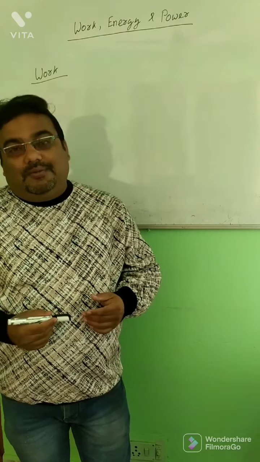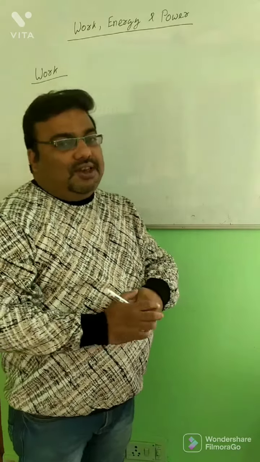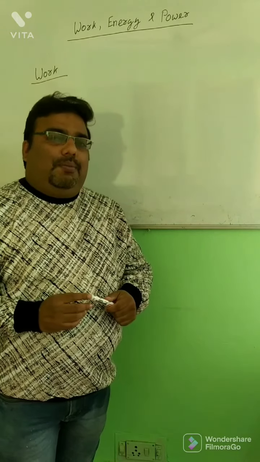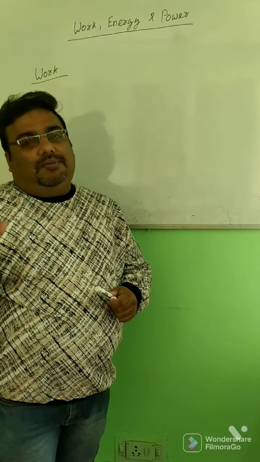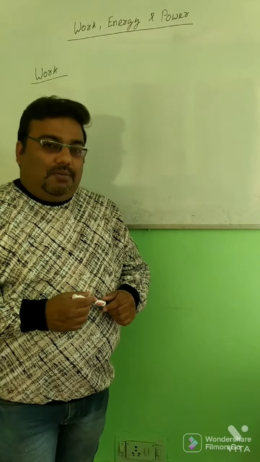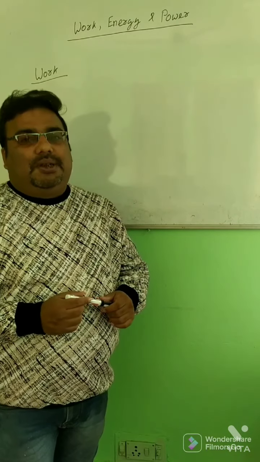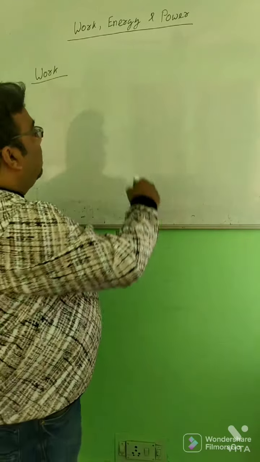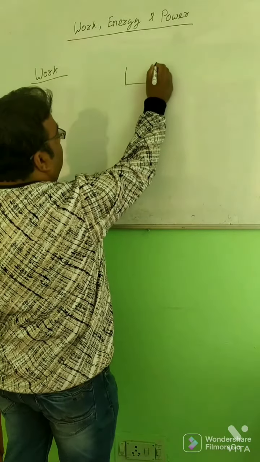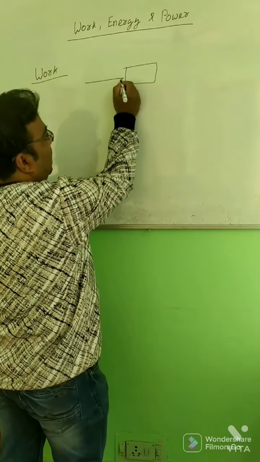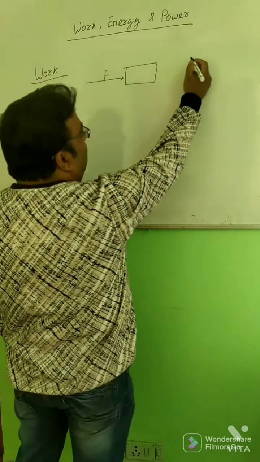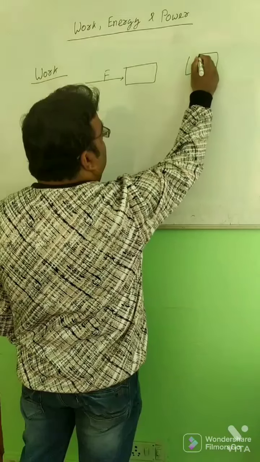Then what is work? According to physics, work is said to be done if you apply a force on a body and the body is displaced. Suppose here is a body, and a certain force is acting on the body, as a result of which the body comes to this position.